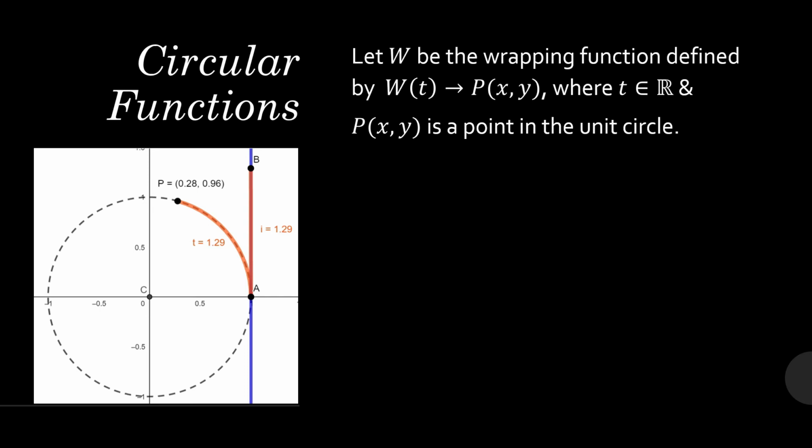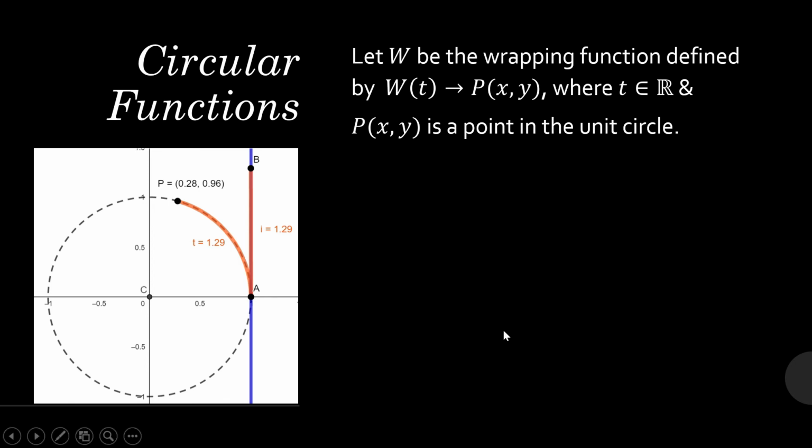What that means is, if t is a real number, there is a corresponding point in the unit circle which is paired to that real number t, and that P is the endpoint of an arc with length t.